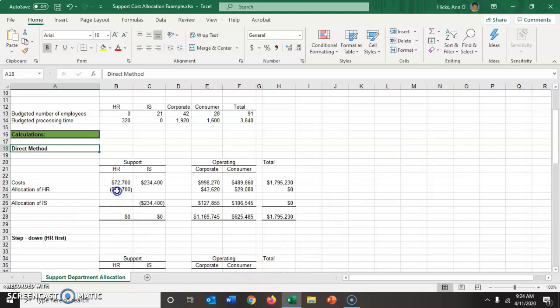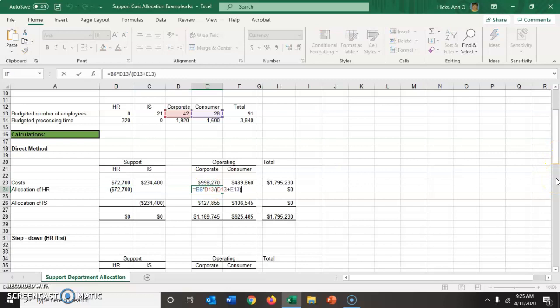We're going to take the total costs for HR and for information systems and just allocate them directly to the operating departments. And so what I have done here, you can see the $72,700 coming out of HR because it's going to go into our operating departments. And then my formula for that is to take the $72,700, multiply it by the corporate number of employees divided by the sum of corporate and consumer.